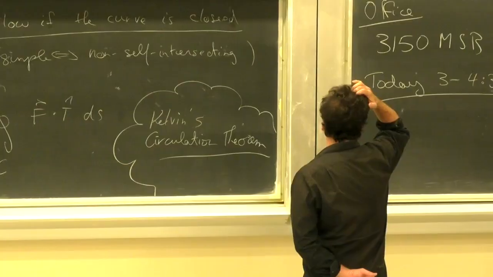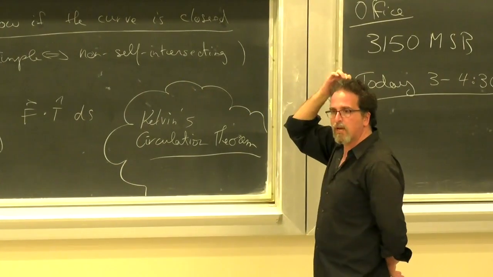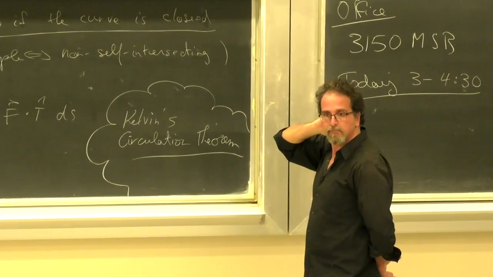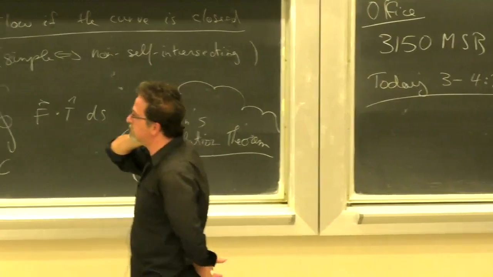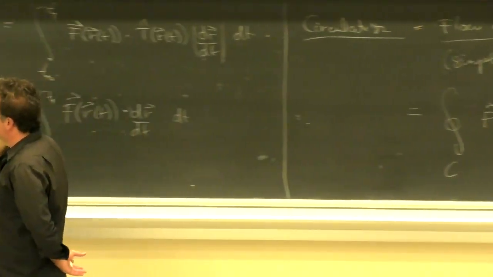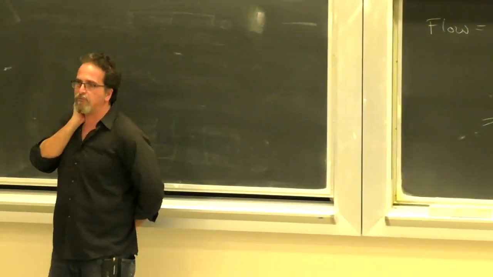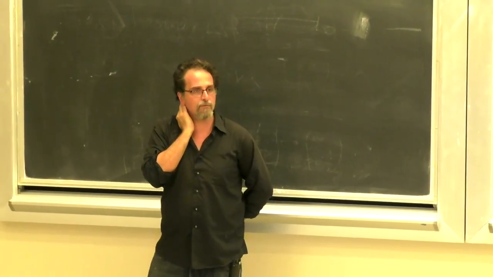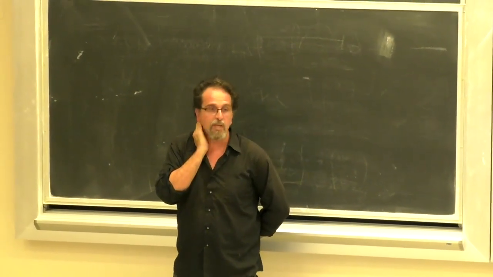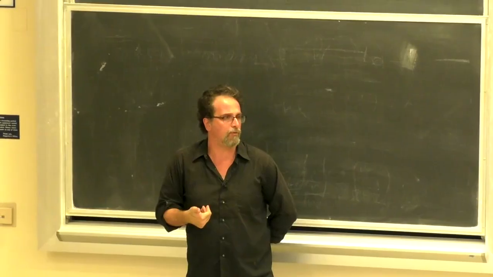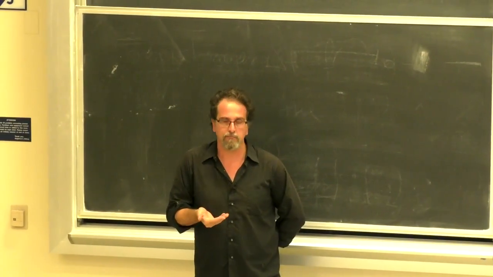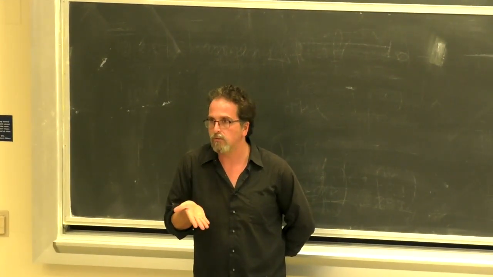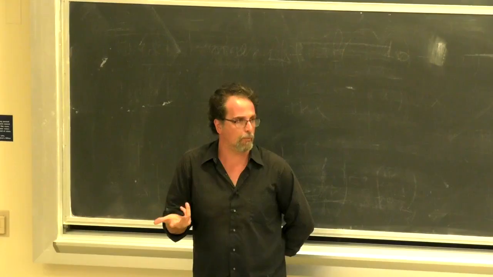Now, I'm going to actually just compute a couple of these, if you don't mind. Okay? So let's compute a couple of these things. And I want to make reference to my basic vector fields again. So I am going to compute circulation. If I can compute circulation, I can compute flow, because flow is just circulation over an open curve.